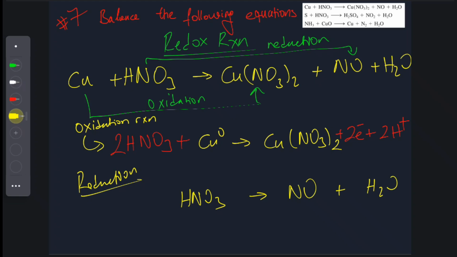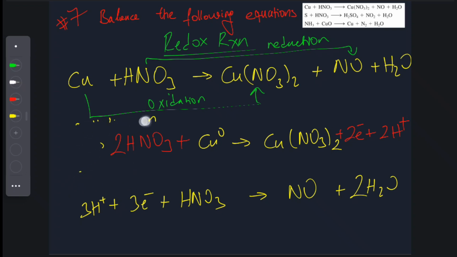And I can add 3 electrons here. And I added 3 electrons, so I have to add actually 3 protons, just a simple trick. To equate hydrogen and oxygen, I can write 2 here. So this is our reduction reaction.